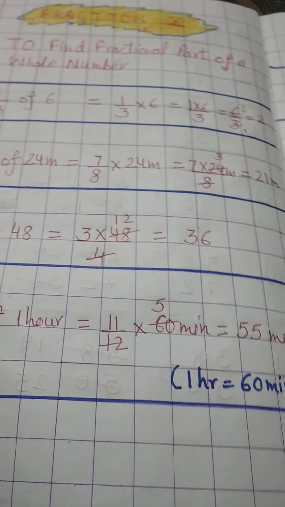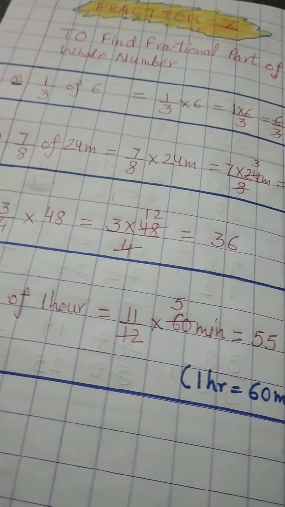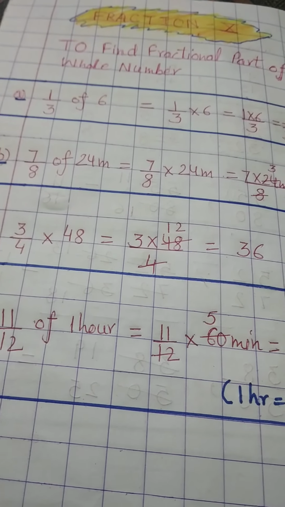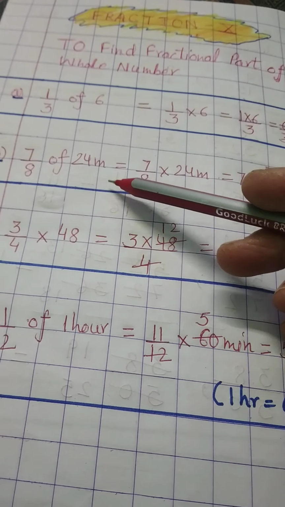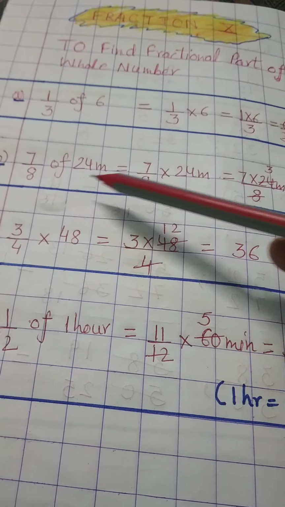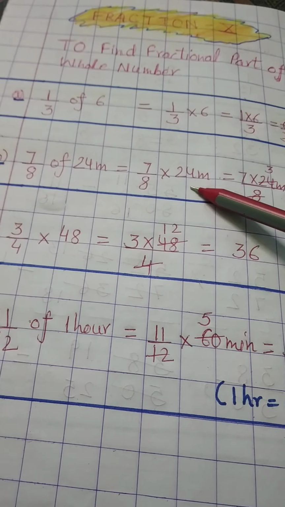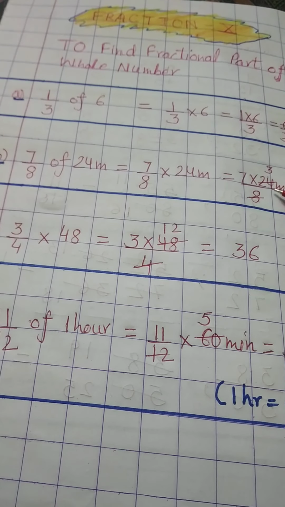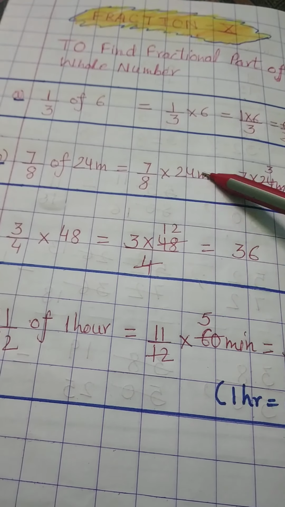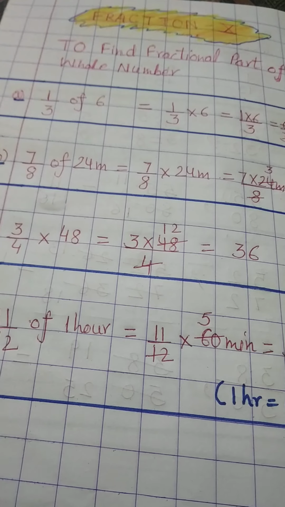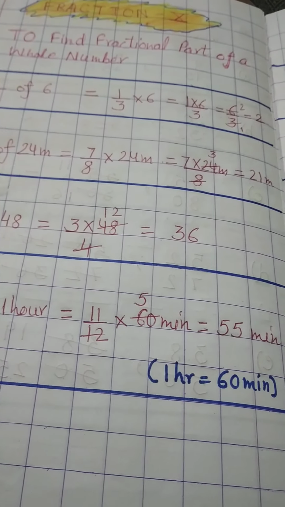Now the next one is 7/8 of 24 meter. You can see 7/8 of 24 meter. That means 7/8, and in place of "of" we always write multiply, and 24 meter. So we will write 7 into 24/8. In senior classes we directly cancel. We know that 8 threes are 24, so we cancel here, but for junior classes I am writing it so they can understand.